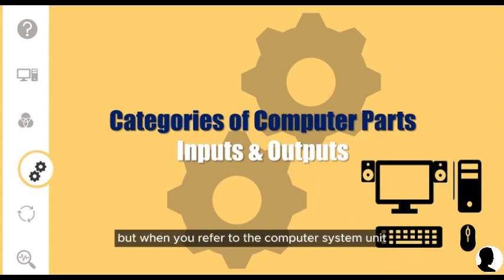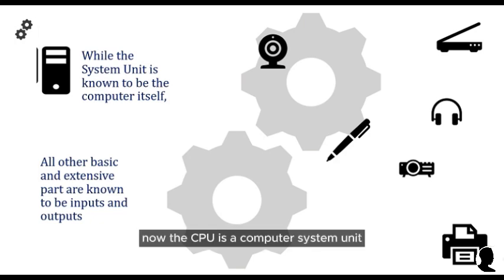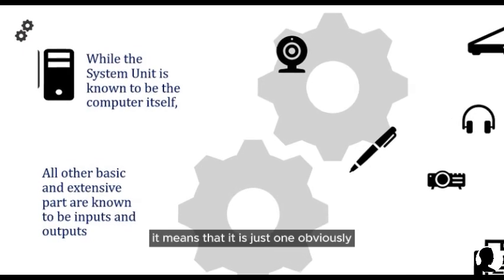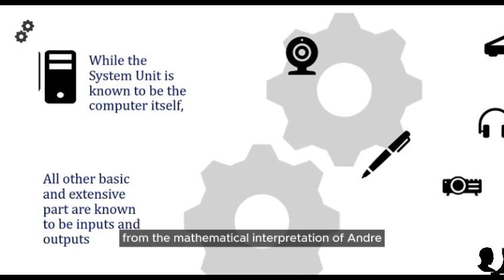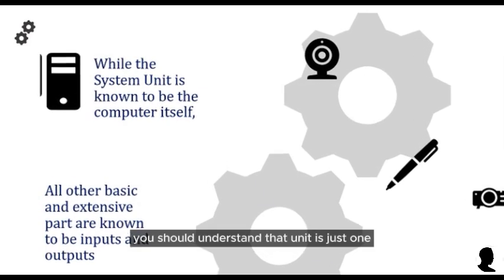But when you refer to the computer system unit, you're talking about the CPU itself. Now, the CPU is a computer system unit. The moment the word unit comes into it, it means that it is just one, obviously from the mathematical interpretation of hundreds, tens, and units. You should understand the unit is just one.